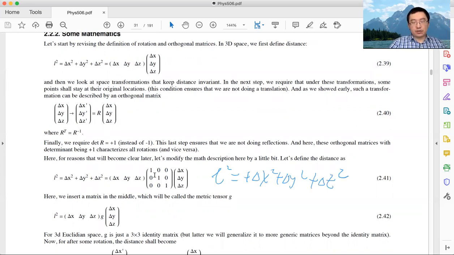So this number here is plus 1, this number here is plus 1, this number here is plus 1, and this is the so-called metric tensor. It's exactly the same thing, I just inserted this metric tensor in the middle. And this metric tensor doesn't do anything in 3D Euclidean space.